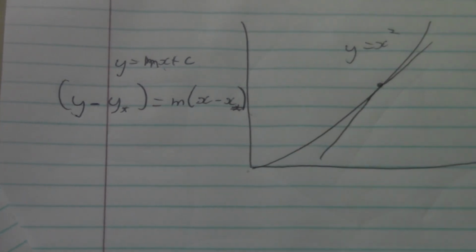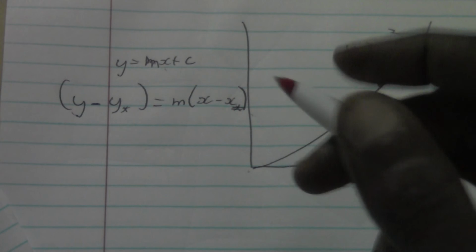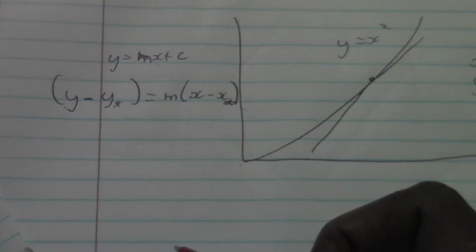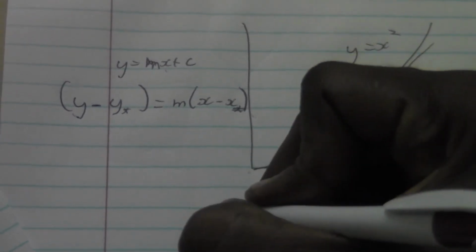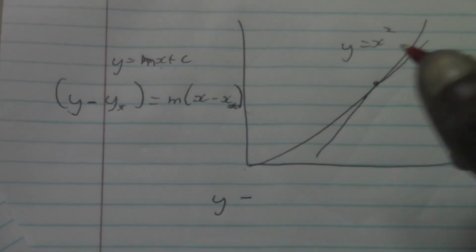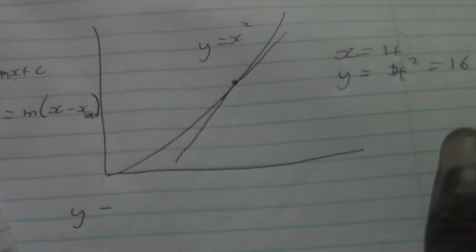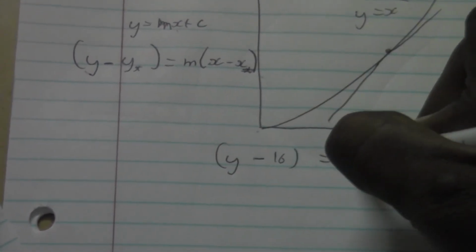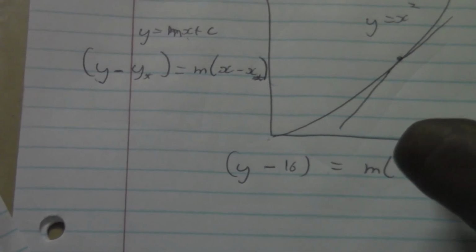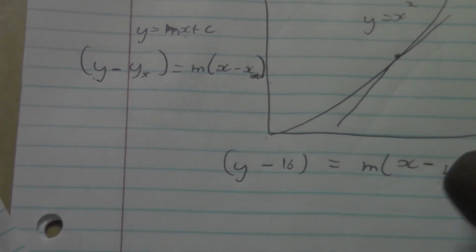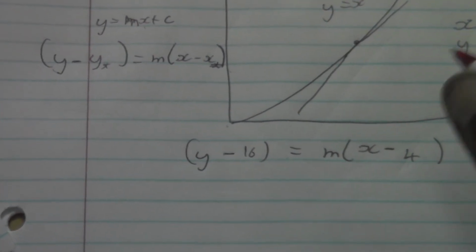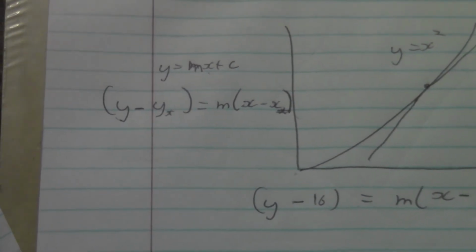So we just do this, and we rearrange, and this is pretty easy. So let us see. Alright, y minus, what's this given thing? 16. Y minus 16 is equal to m times x minus 4. Right? Now y equals mx plus c.